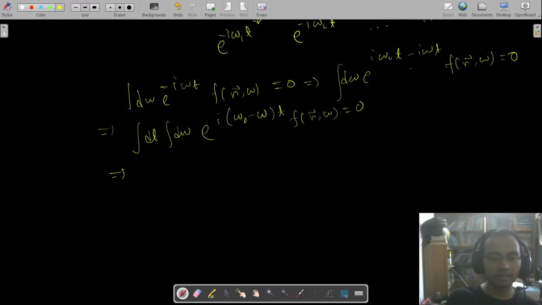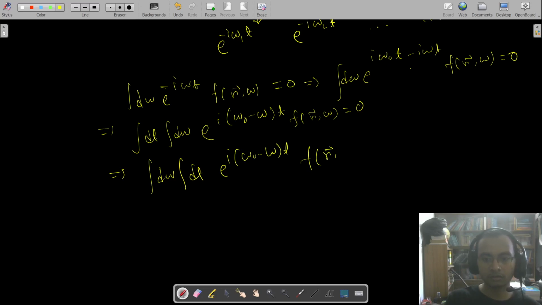Rearrange it, and this thing is nothing but the delta function, delta of omega naught minus omega, and the rest remains the same.